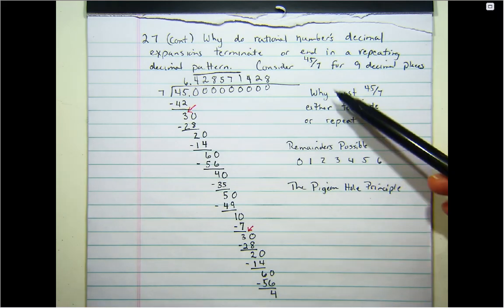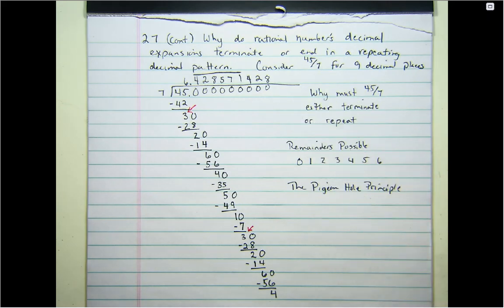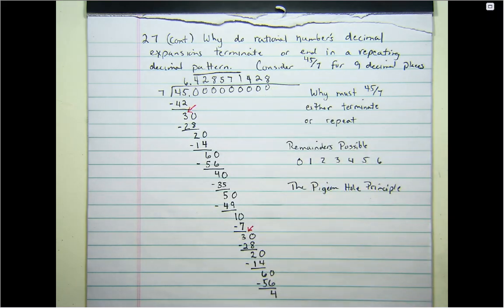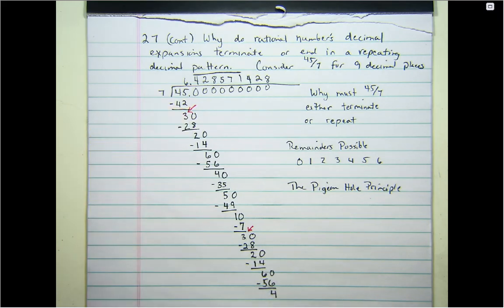So that's why rational numbers have decimal expansions that terminate in 0, or you could think of it as 0 repeating forever, or have a repeating decimal expansion. Because of the pigeonhole principle, we're going to hit a number we hit before for a remainder, and from that point on, it's the same.